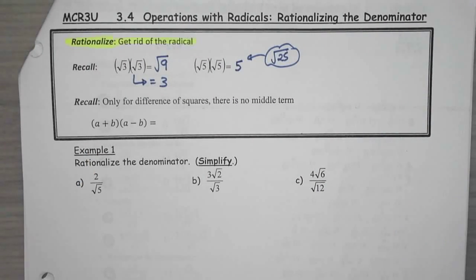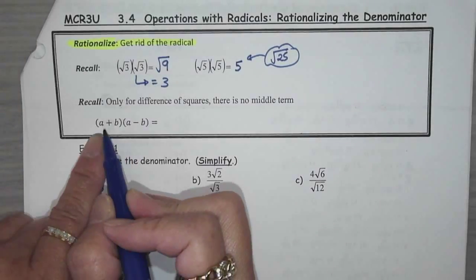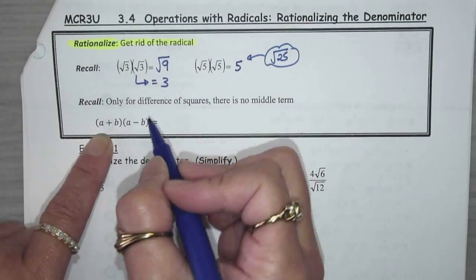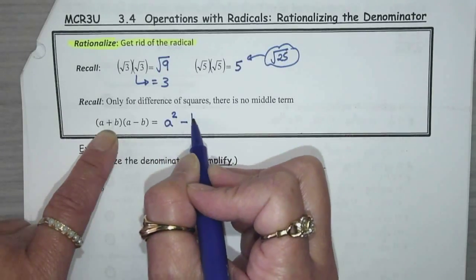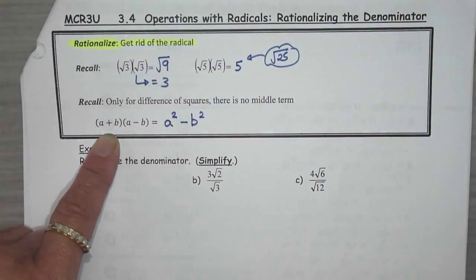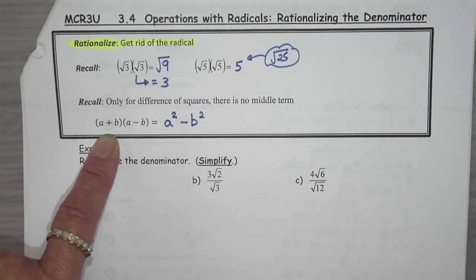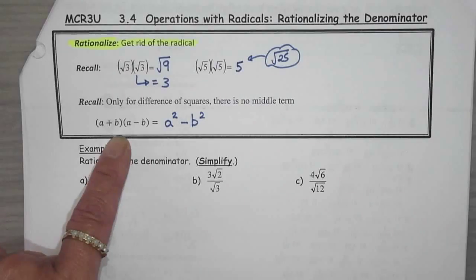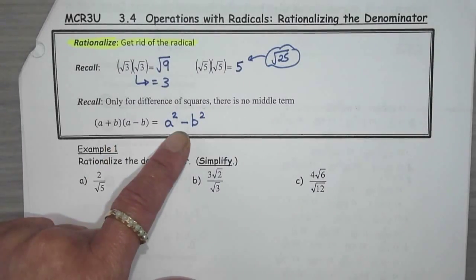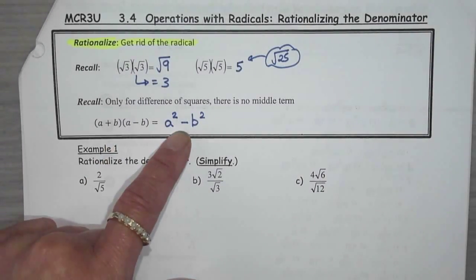Difference of squares, the reason why this was special was because they're the same but opposite sign. And the reason why it's special is because I end up with A squared, missing middle term, B squared. That's what makes this so special. Does that make sense? So this scenario where they're exactly the same but opposite signs, that's what made it special, because the middle term goes away.